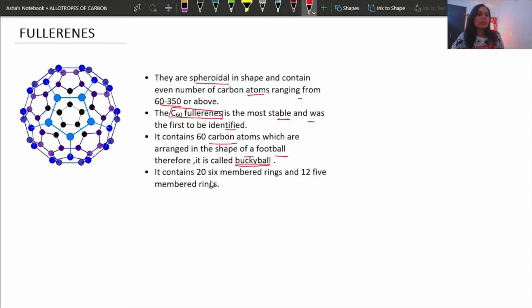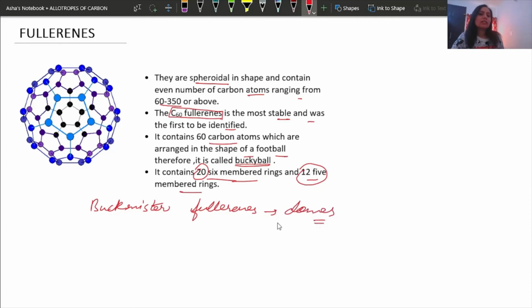It contains 20 six-membered rings and 12 five-membered rings. That is, the 6-membered rings, the hexagons, are 20 and there are 12 pentagons. It has got its name from Buckminster Fuller. Buckminster Fuller is the name of the person who designed some domes in the US.